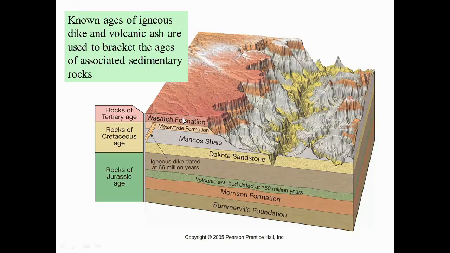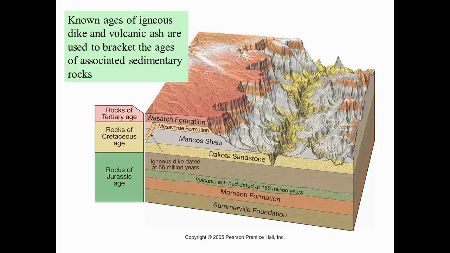What about the Wasatch Formation? What can we say about the age of this unit? We can be even more precise. It's actually not between 160 and 66. Notice that the dike does not cut the Wasatch Formation.